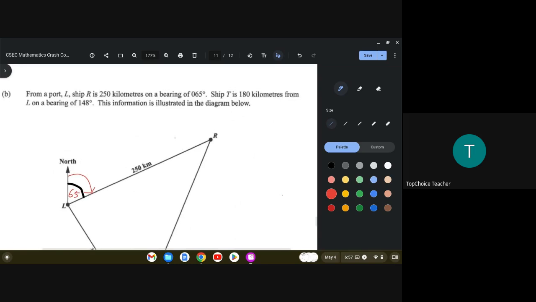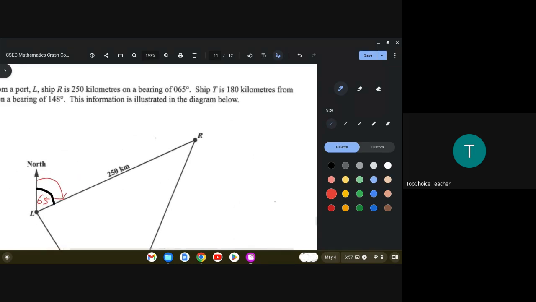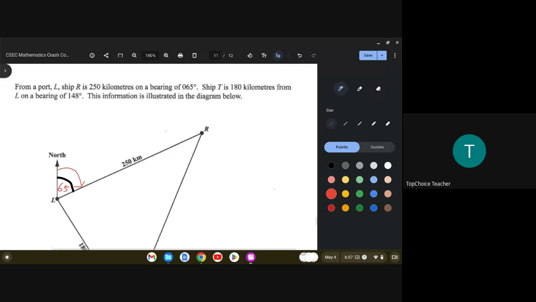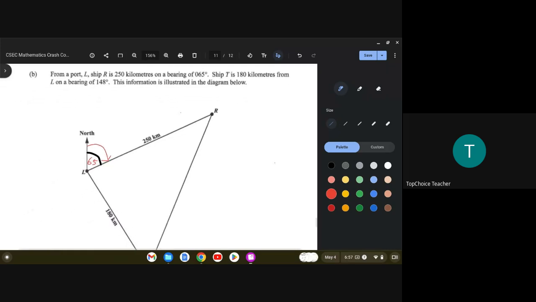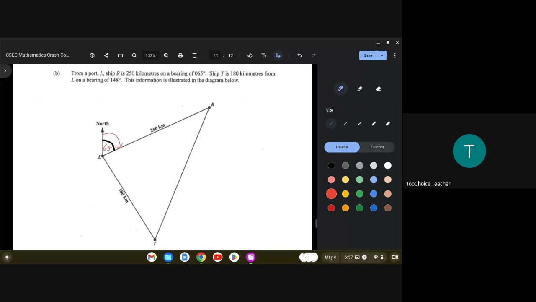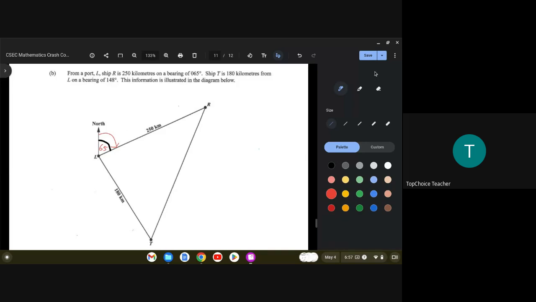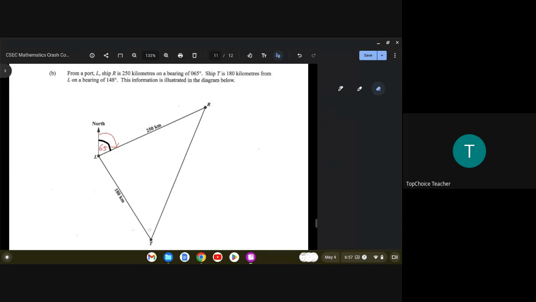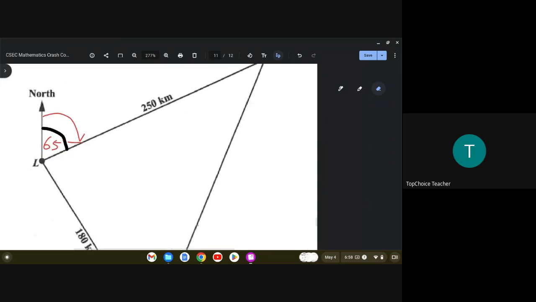Moving on, let's read the rest. Ship T is 180 kilometers from L. That's down here in the diagram, all the way down here. So ship T is 180 kilometers from L on a bearing of 148 degrees. So what does that mean?